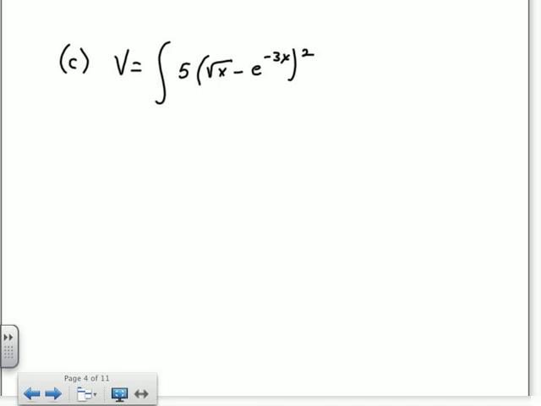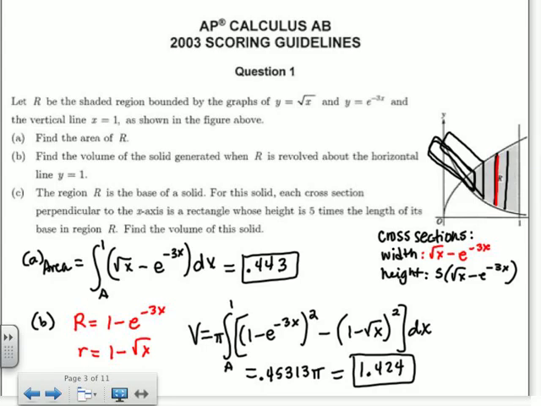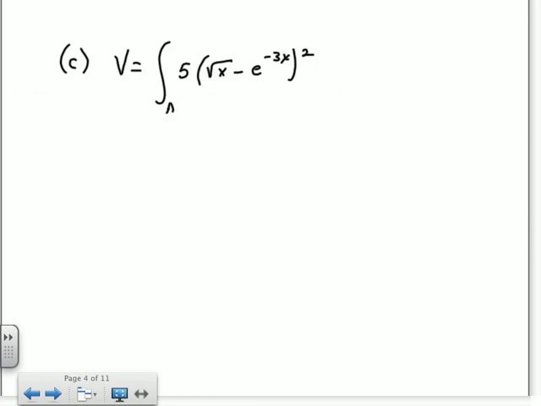If you go back and look at your picture, your x values go from that point, which we found before, to 1, so a to 1. Okay, so when you put this in for Math 9, you get 1.554 for your answer.